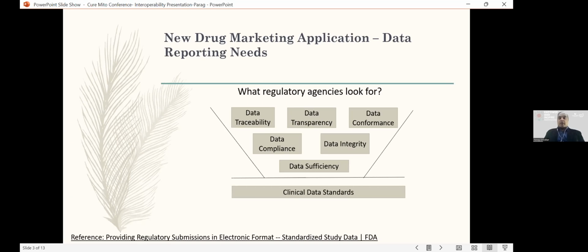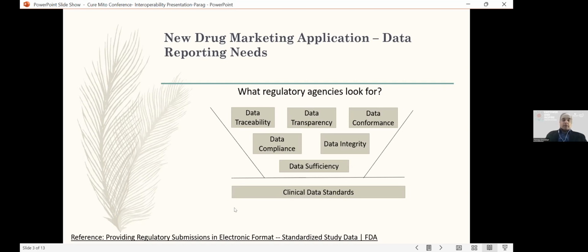But really, what they are looking for when you submit this data is traceability of data, transparency, conformance, compliance, integrity, sufficiency. I mean, you can go on and on, but what it really means is they want the data in a standard format, agreed upon by the industry, by the public, and by the regulatory agency. This is why they say the data needs to be submitted in clinical data standards.